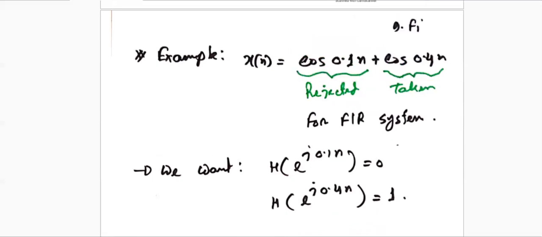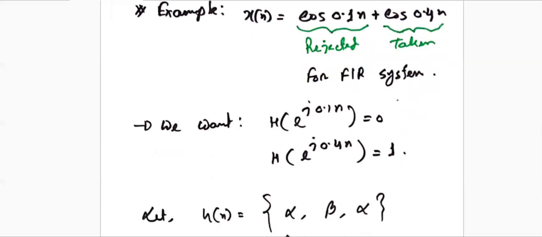For the FIR system, it is a trial and error method. I'm just conveying this message, but it will be clearer when we particularly design the filter in the next semester. But you can just think of it. In case of an FIR filter, we need to try something and check whether we are at our target or our goal. If not, then we need to change our strategy. Okay, that is the thing.